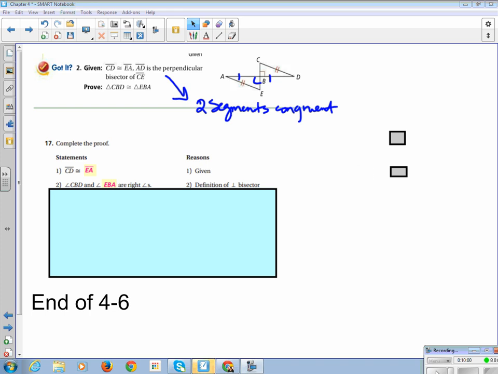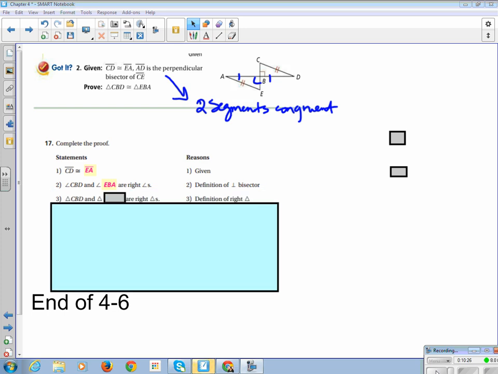So we're going to say that angle CBD and angle EBA are right angles because that is the definition of a perpendicular bisector. It makes perpendicular or 90-degree angles. Okay, what's next? Triangle CBD and triangle EBA are right triangles because both of them contain a right angle, and that's the definition of right triangles.